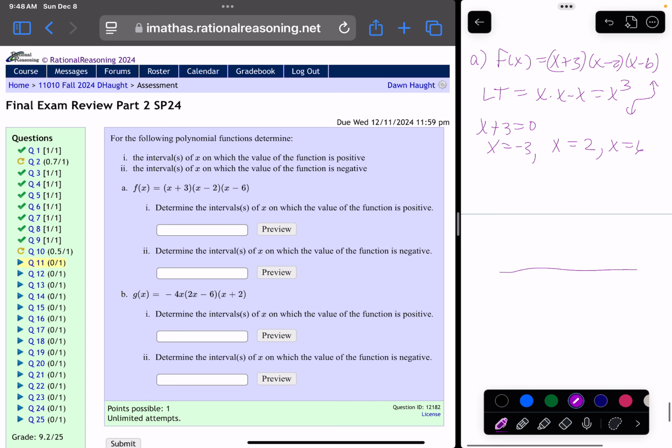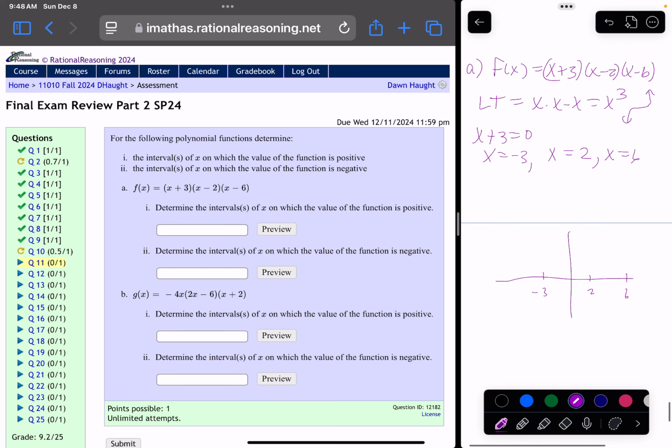Okay, so -3, 2, and 6. I know the left end goes down, the right end goes up. None of these are an even multiplicity, an even repeat, so it just goes through, through, through. Okay, so now we can answer the question.